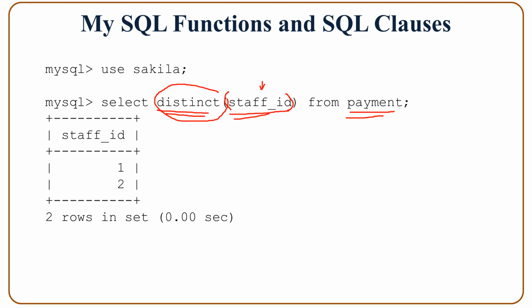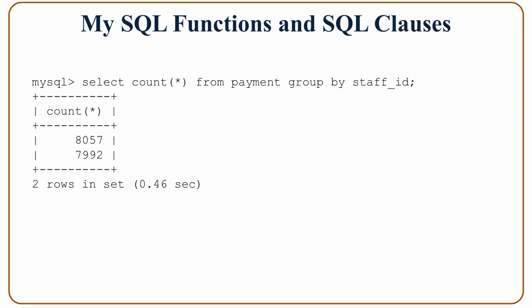The next function, which is also very useful, is count. Count gives you the count of records, and this can be used in combination with group by. So if you say count star from payment group by staff ID, then this would give you the number of records by each staff.